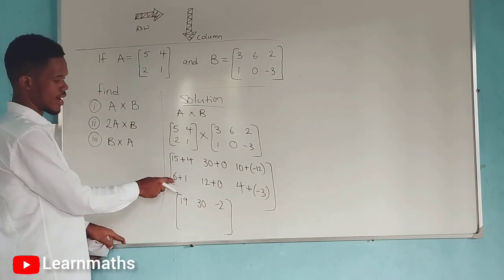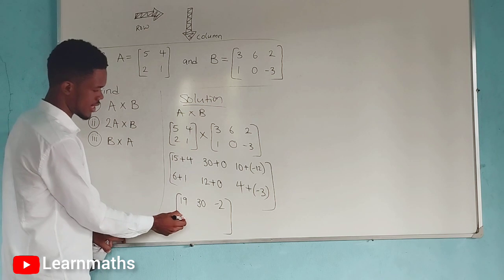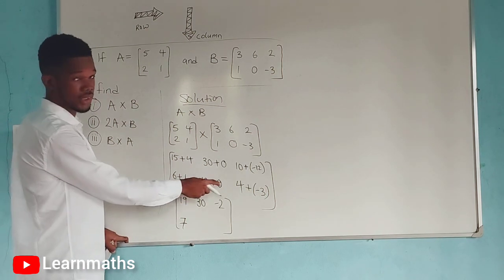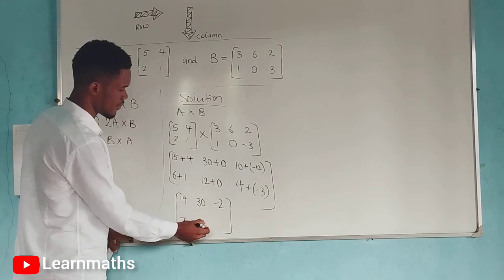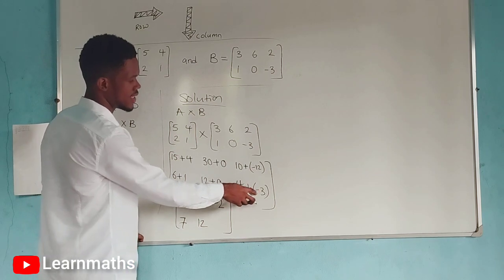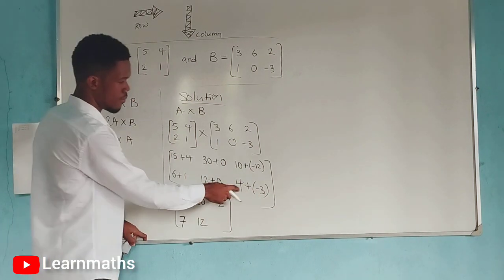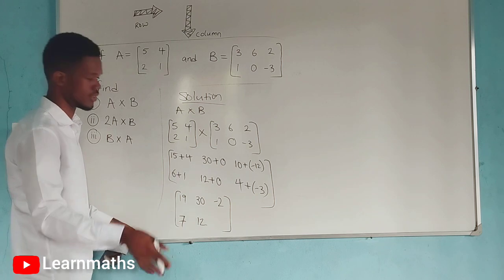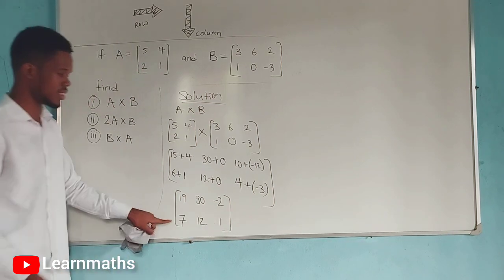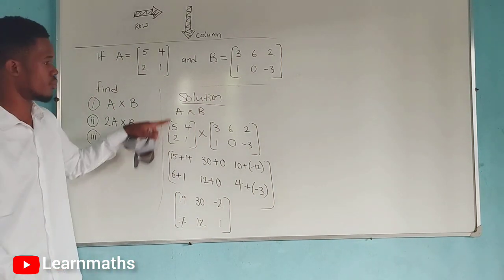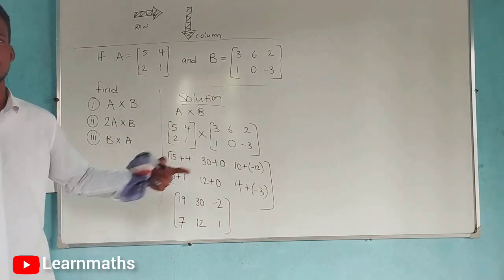Now we have 6 plus 1, which is 7, 12 plus 0, which is 12, 4 plus negative 3. That's like saying 4 minus 3, so 1. So this is the matrix we're going to get when we multiply the matrix A with matrix B.